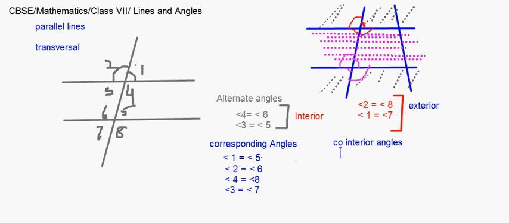Like angle 4 and angle 5. They say the co-interior angles are supplementary. So angle 4 plus angle 5 will be equal to 180. And angle 3 plus angle 6 will also be 180 degrees.